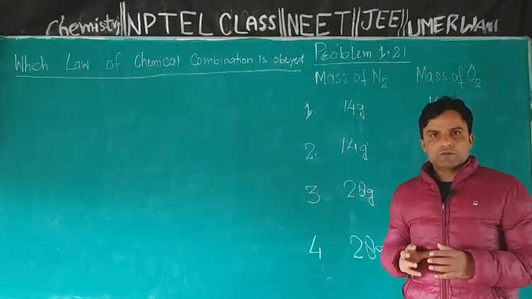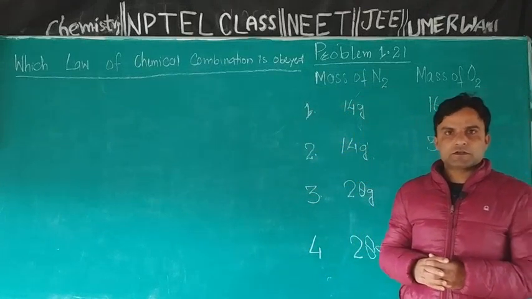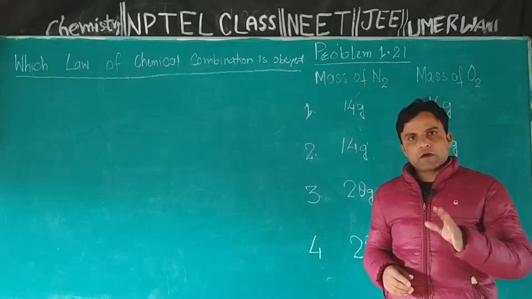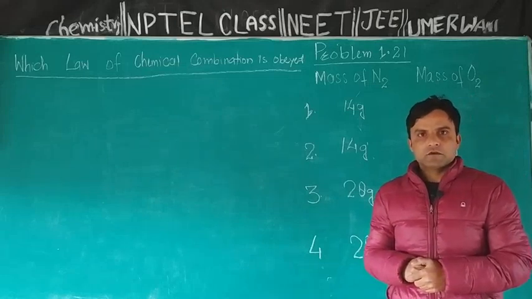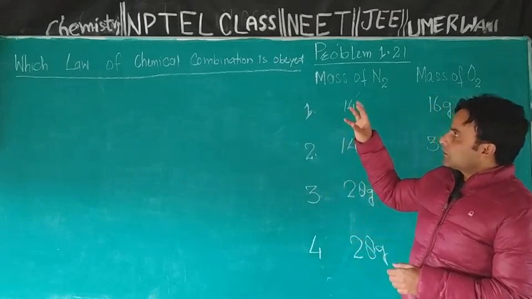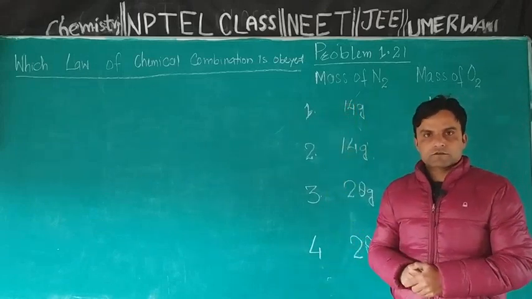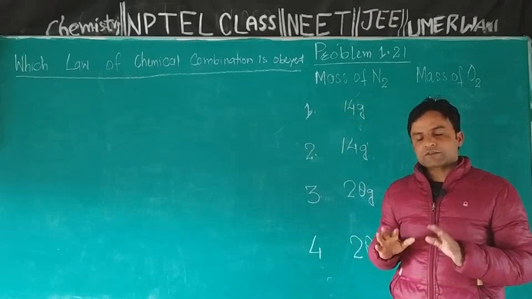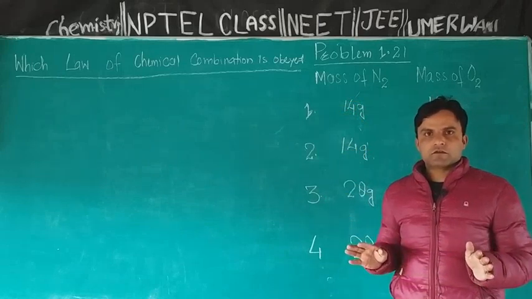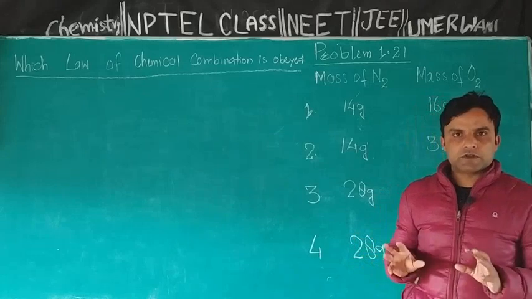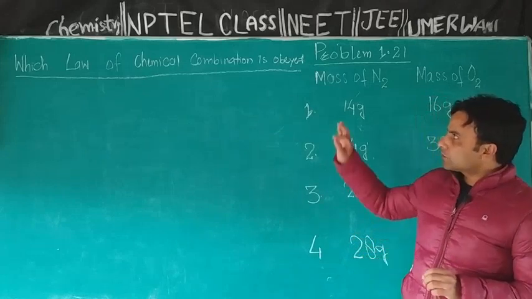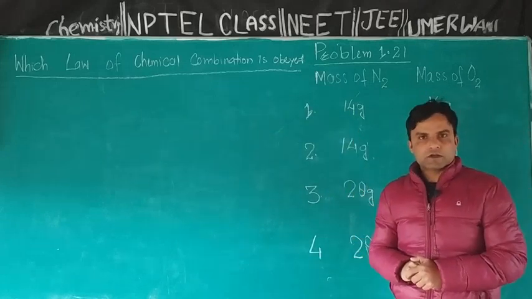These are the 5 laws of chemical combination, and every chemical combination has to follow these laws. Whatever sort of chemical combination occurs, it is bound to obey the 5 laws of chemical combination.